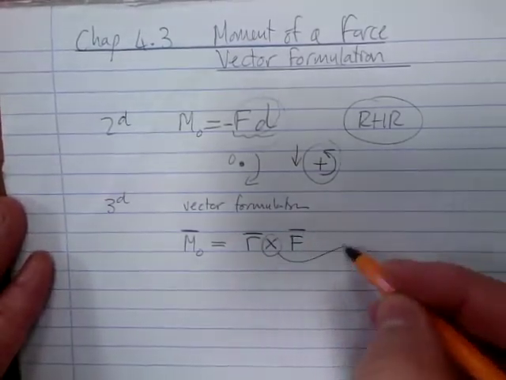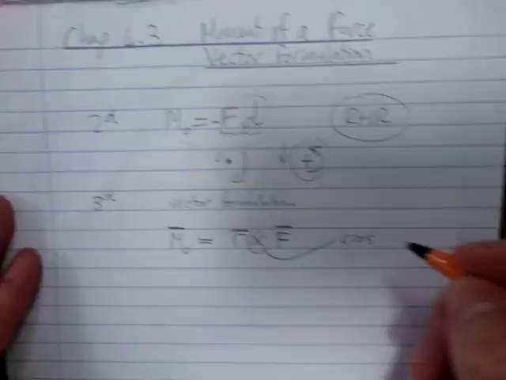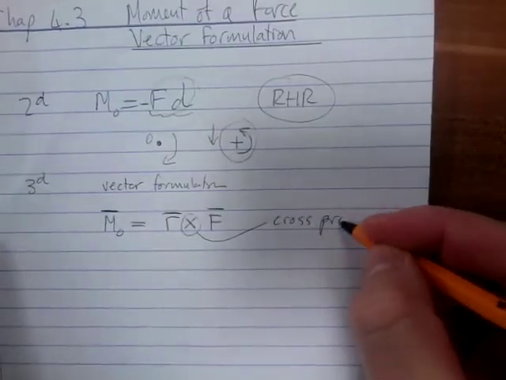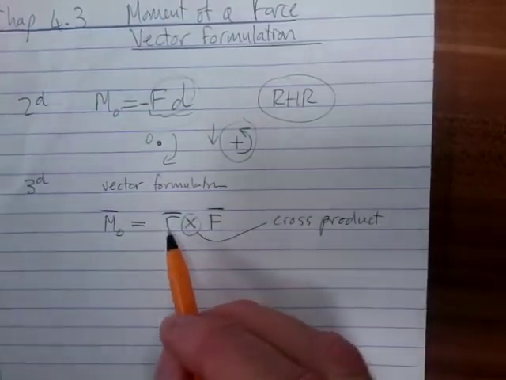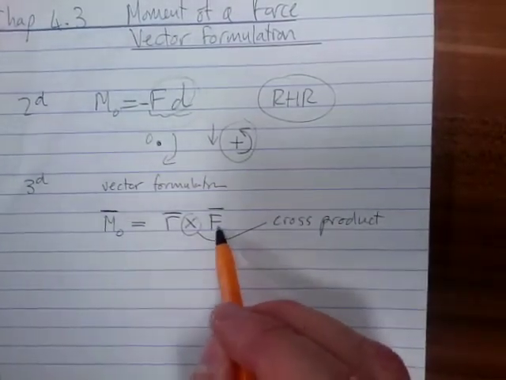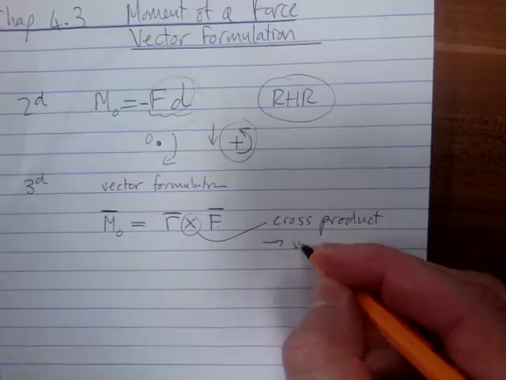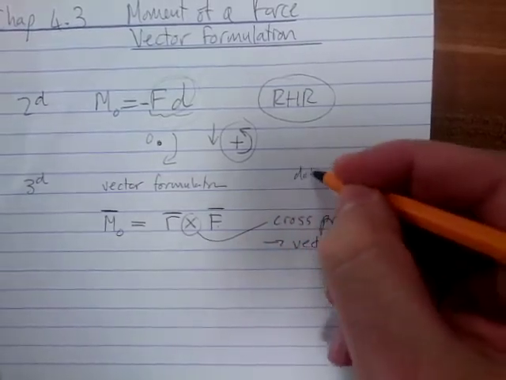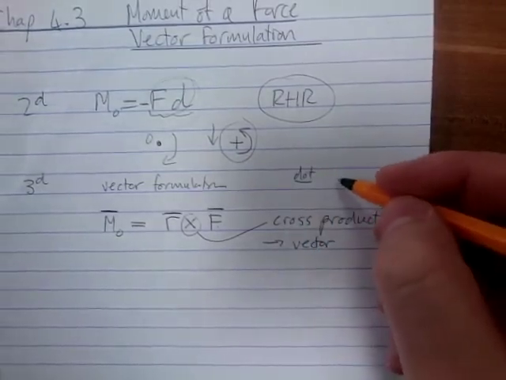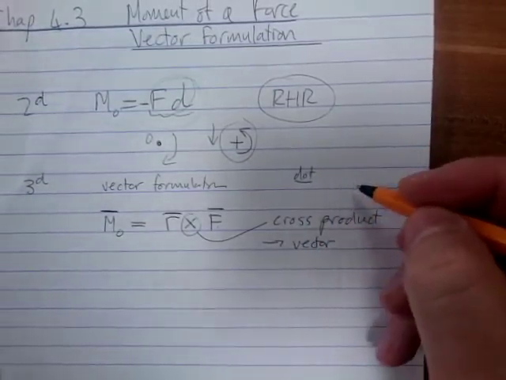Now this is something called the cross product. What is the cross product? It is when I multiply two vectors with each other and I get a vector. Remember the dot product? The dot product was when I multiplied two vectors, A dot B, and I got a scalar.